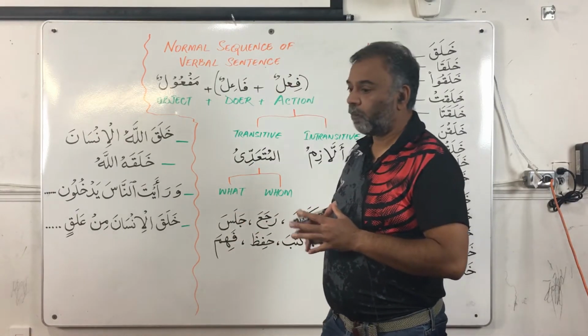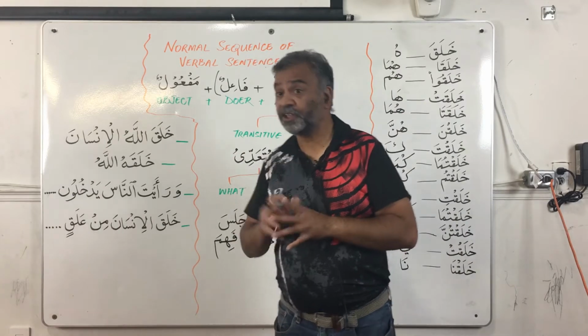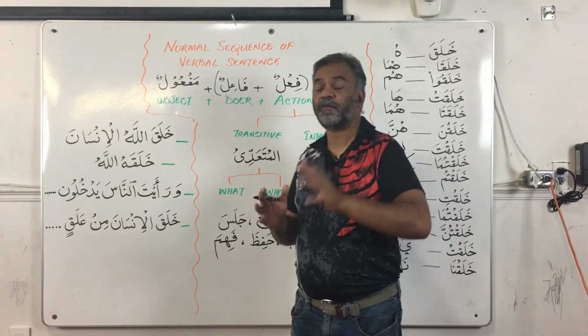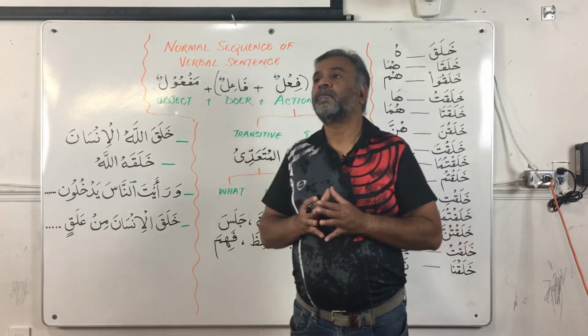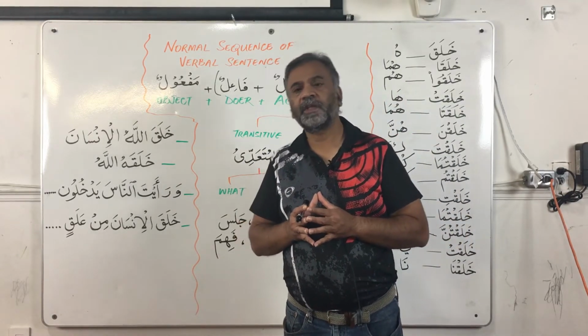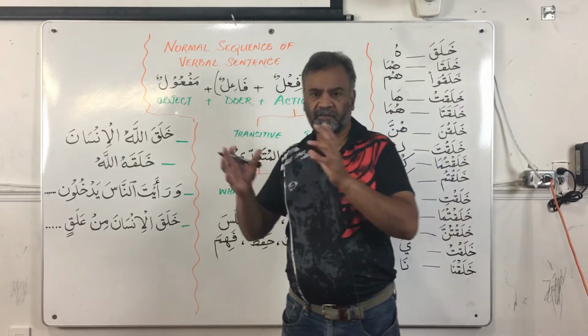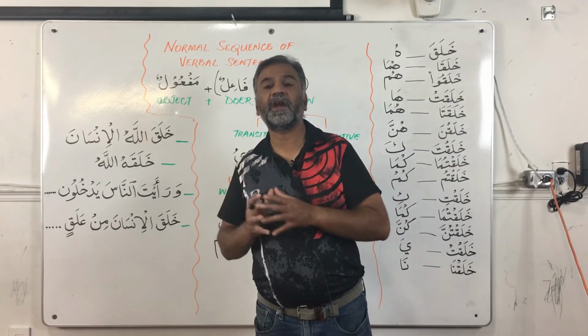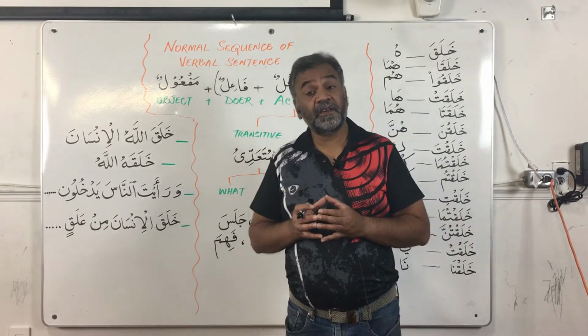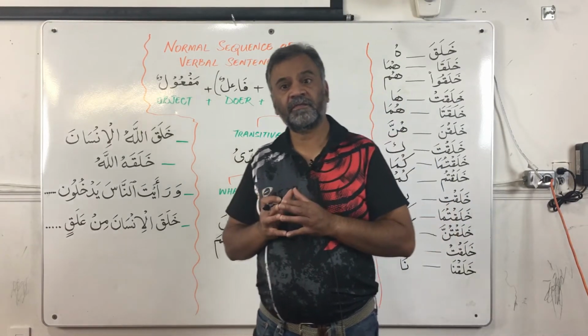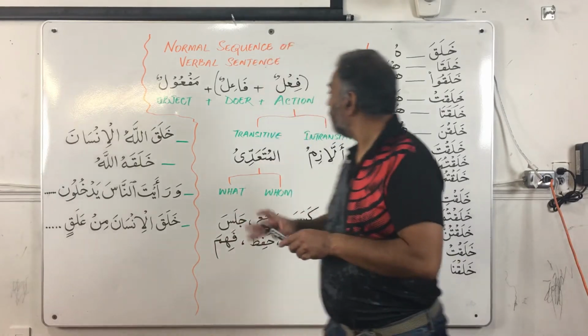Now, before we continue with the sequence of the verbal sentence, there is one thing we should keep in mind. Similar to English grammar, in Arabic grammar the verbs can be identified as transitive or intransitive.